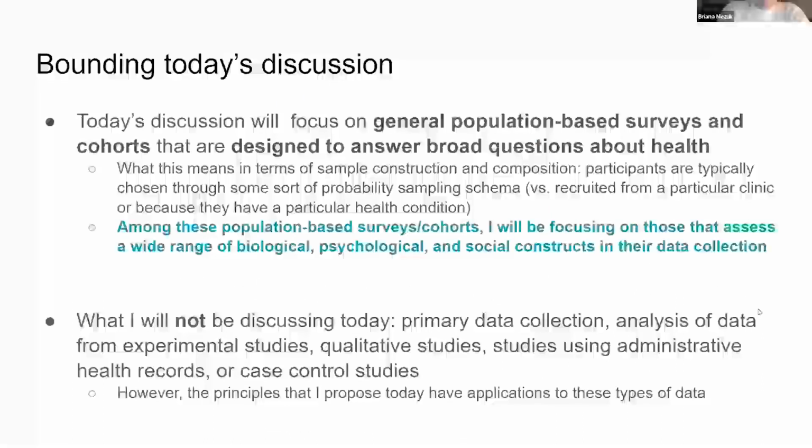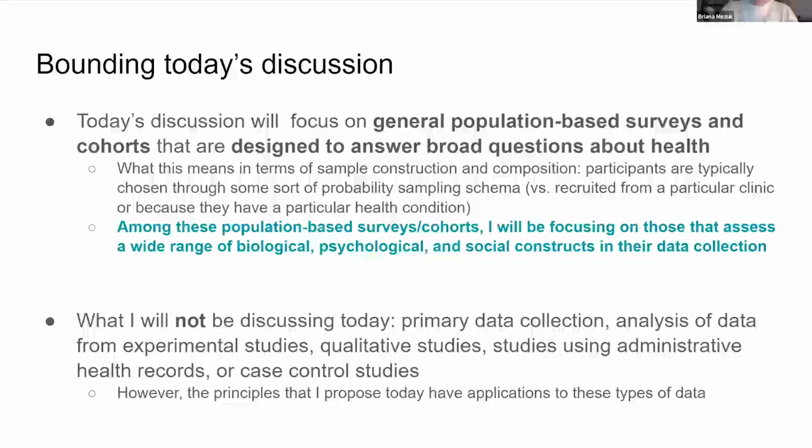Let's go. So the first thing I want to do is bound today's discussion. Today I'm going to be talking about general population-based surveys and cohorts that are designed to answer broad questions about health. What that means is that the samples are kind of general population; they weren't recruited from a particular clinic or because they have a particular health condition.